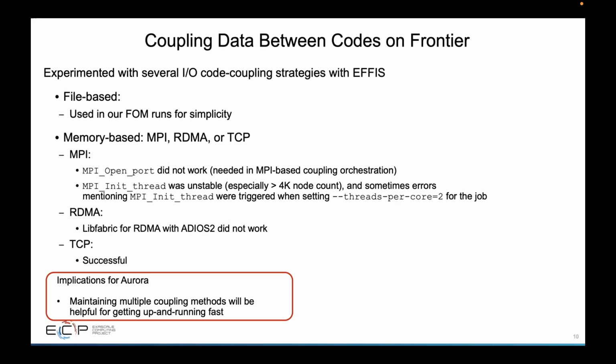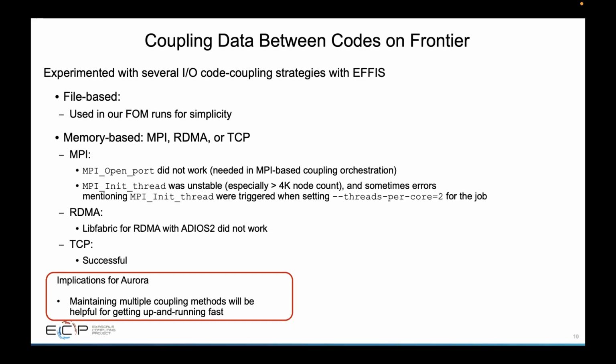Coupling the two codes on Frontier raised some challenges, and we were experimenting with different I/O strategies using software developed for code coupling. So we had the file-based option, which we ended up using for simplicity for that run that I showed. But we also had memory-based options using MPI, RDMA, or TCP.